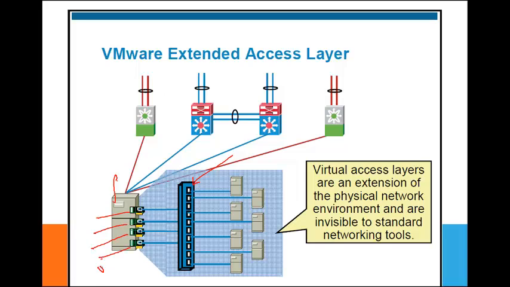We call these VMNICs. All the physical cards are called VMNICs. And the ports that we get here on the virtual switch are VNICs. And these are all virtual servers.